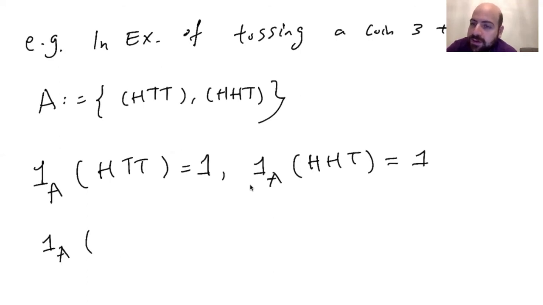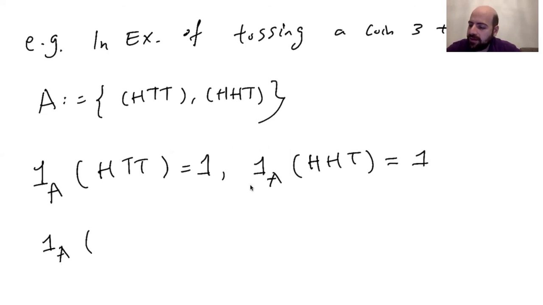Because A has only 2 elements, the indicator random variable acts as 1 on these 2 elements and assigns 0 to everything else.